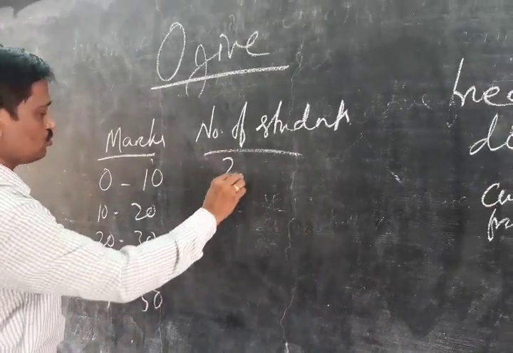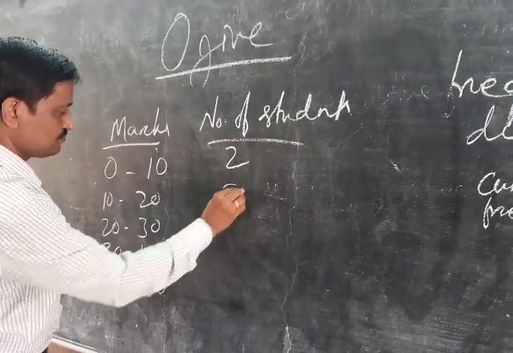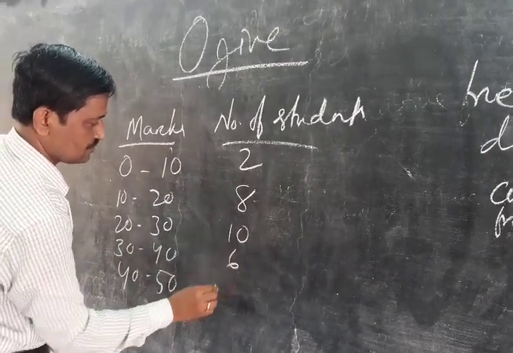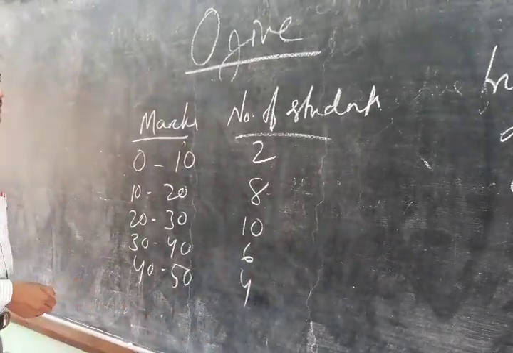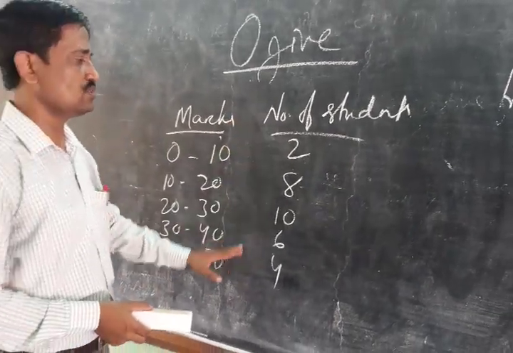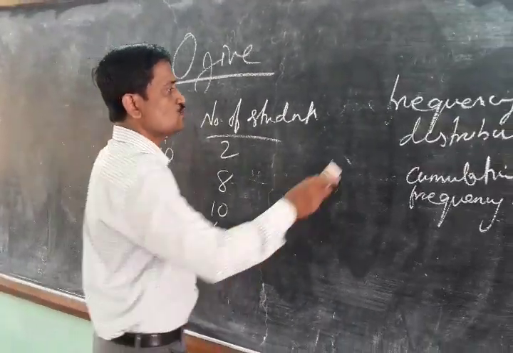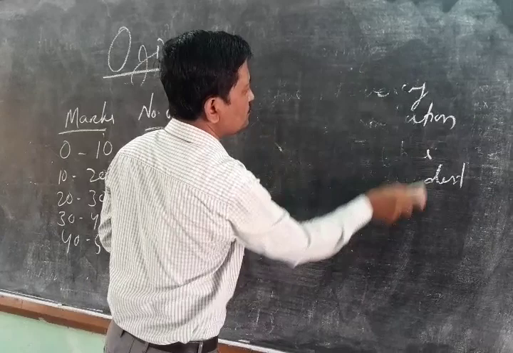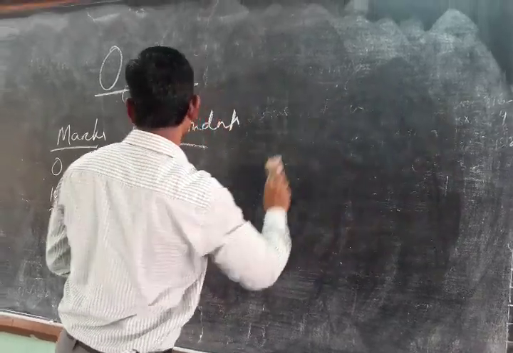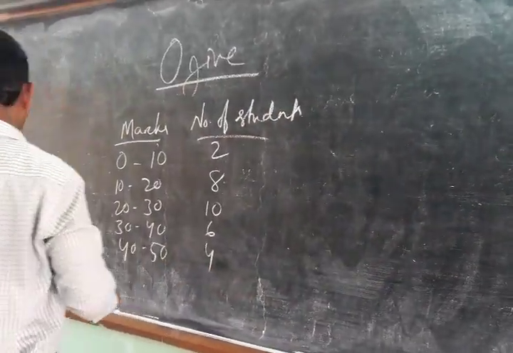Let's say the number of students are given like this. So this is the normal frequency distribution given to us. In this case, how to construct less than ogive and more than ogive?